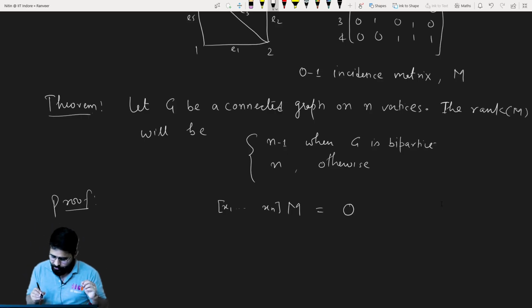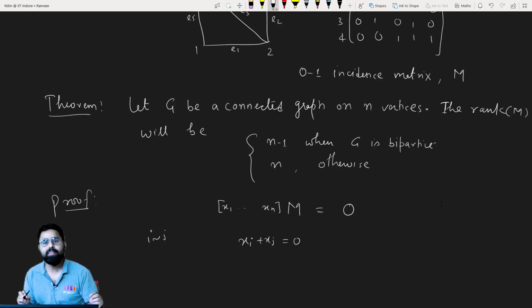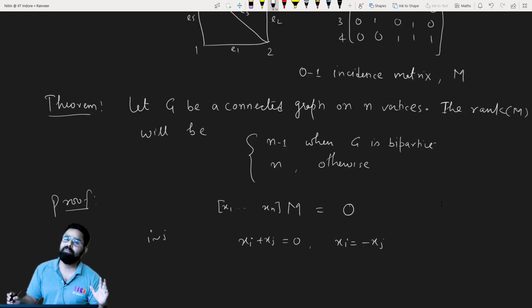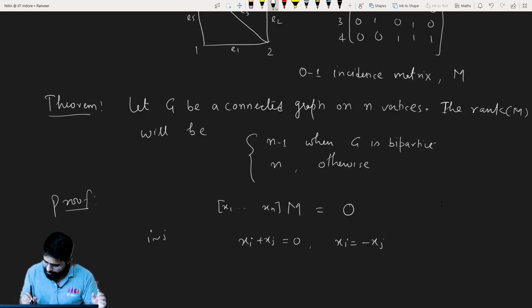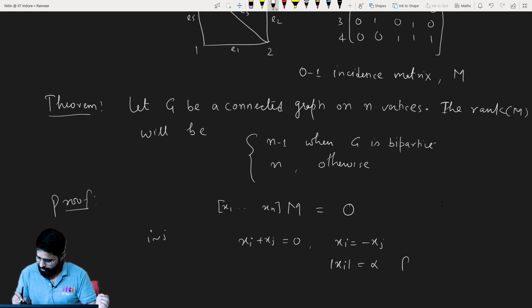Whenever there is an edge between vertices i and j, the equation will be xi plus xj equals 0. So xi equals minus xj. Now since the graph is connected, the absolute value of every xi is some constant. Suppose this constant is alpha for all i.